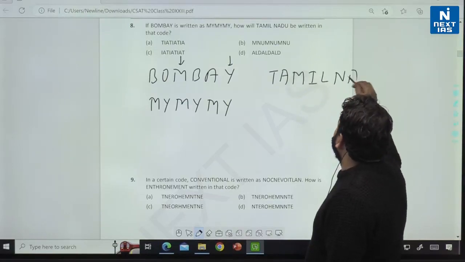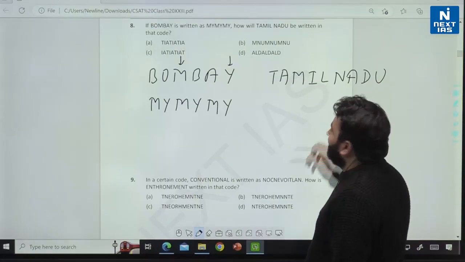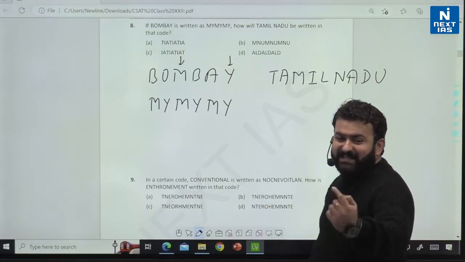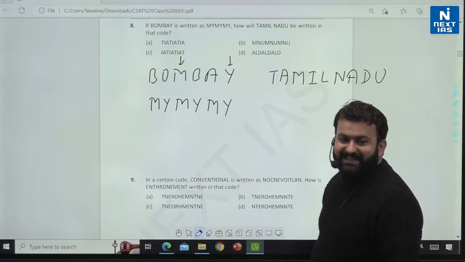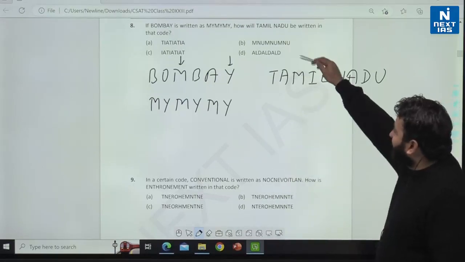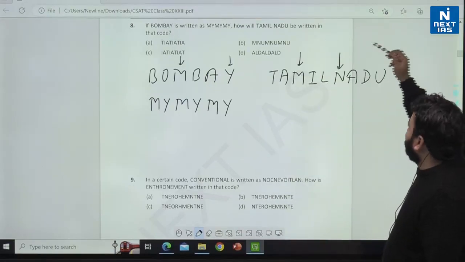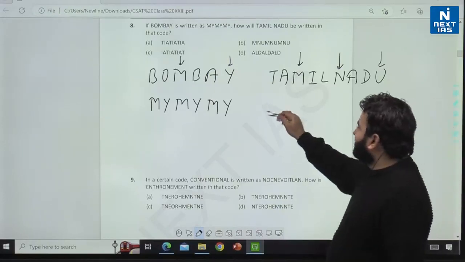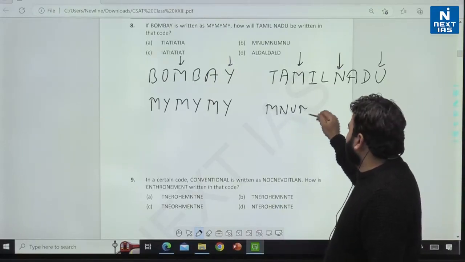Tamil Nadu. Now in this case, how many letters does this word contain? 9. So now you have the third letter, the sixth letter, as well as the ninth letter. So what will the code be?